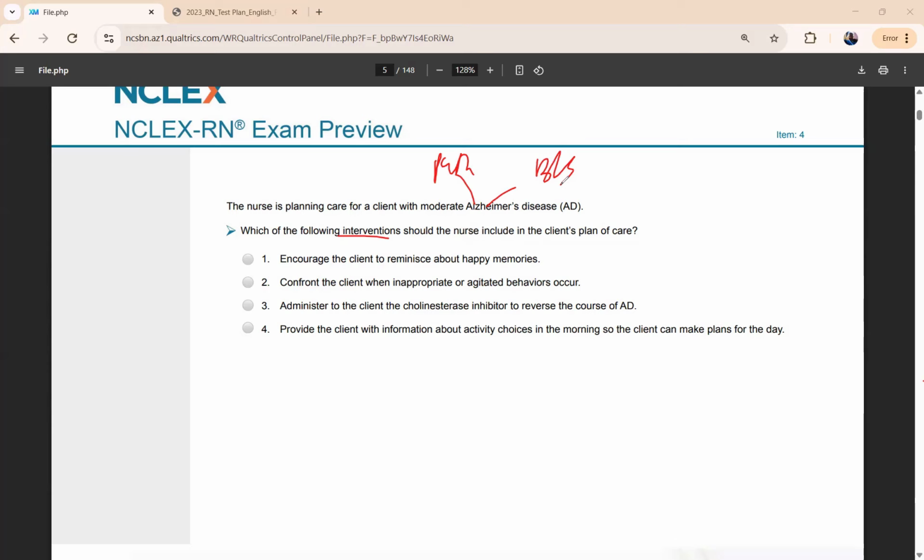Go and learn the kind of care you give to a neurological patient. Go and learn the kind of care you give to cardiovascular, respiratory. That is what the NCLEX wants you to know. Because the NCLEX knows that there's a 50% chance of you knowing this condition. So if you don't know the condition, you can still answer the question if you know the kind of care that is given. You understand?